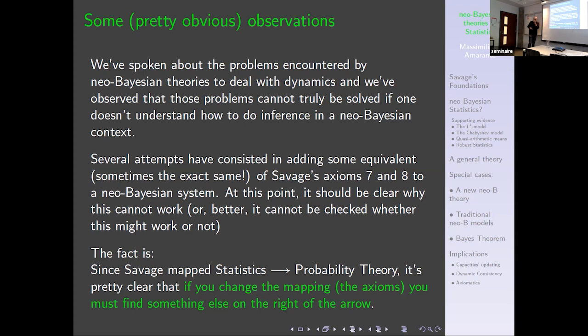So this doesn't work, even if we refine the axioms, like add some additional things. The point is not the axiom. The point is that you have to understand what's on the other side. Savage knew what's on the other side. Savage was determined in finding the other side.